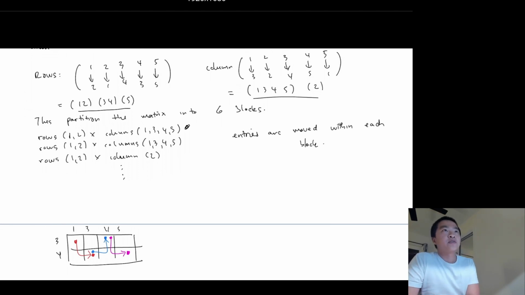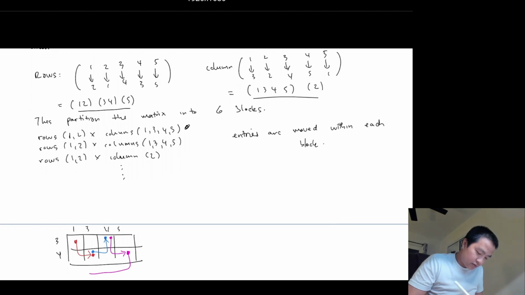Row 4 will go back to 3. Column 5 will go to column 1, so this will go here.